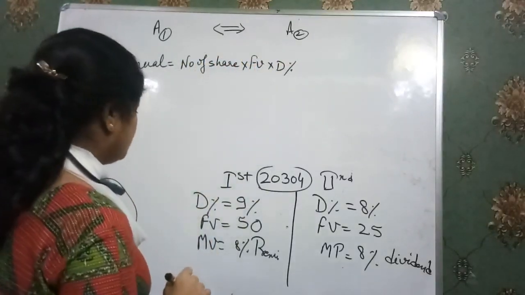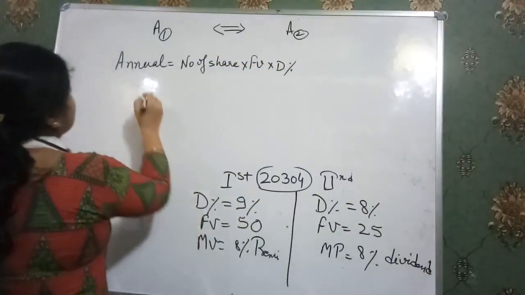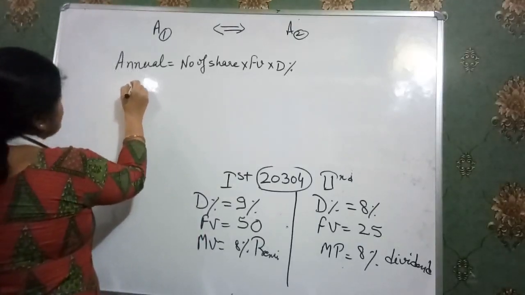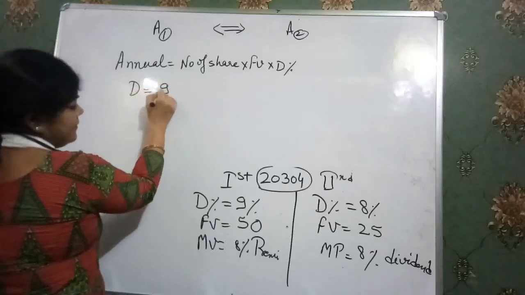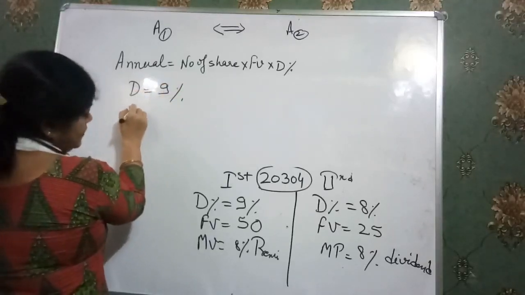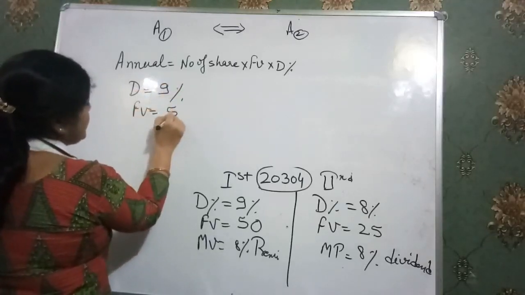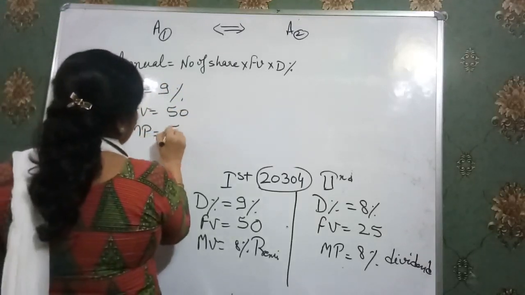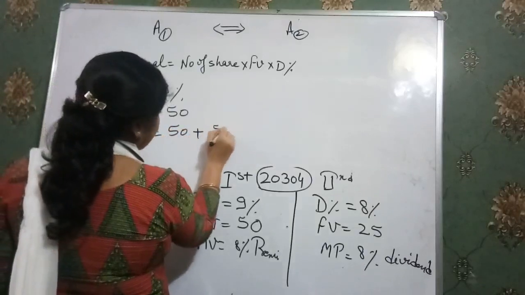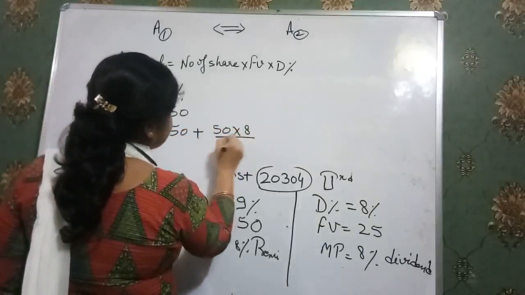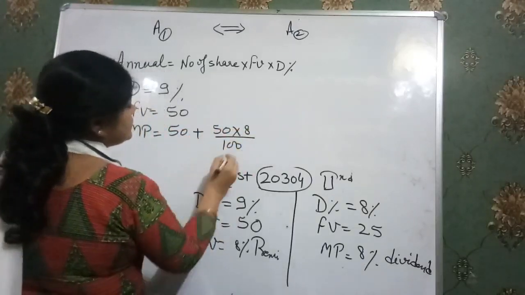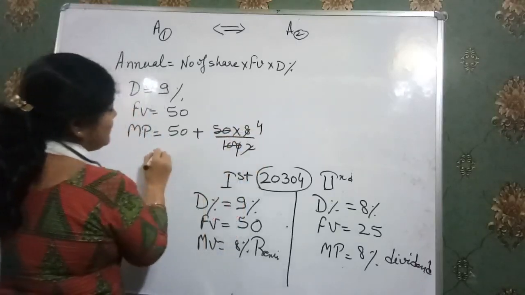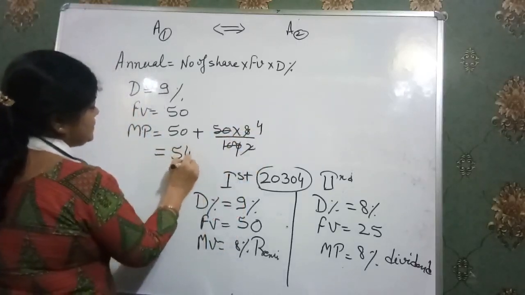Now here we have dividend 9%, face value rupees 50, and market value is what? 50 plus 50 into 8 over 100. Clear? So we have market value as 54 rupees.